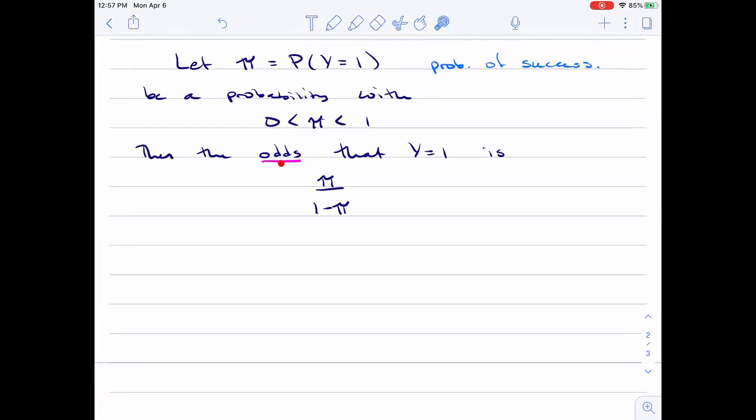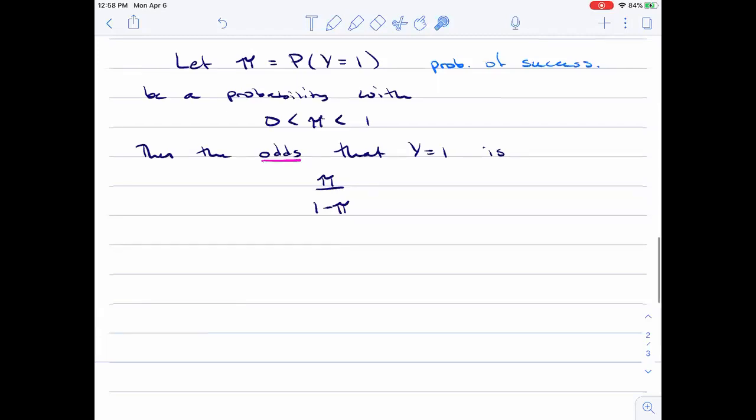Odds are kind of weird because we say the odds are 3 to 1, or the odds are 14 to 1. So the larger they are, it's essentially giving you the ratio. It's a little bit trickier than probabilities. Probabilities we understand, or proportions even. Pi is the probability of success, 1 minus pi is the probability of failure, and so we've got this ratio here.